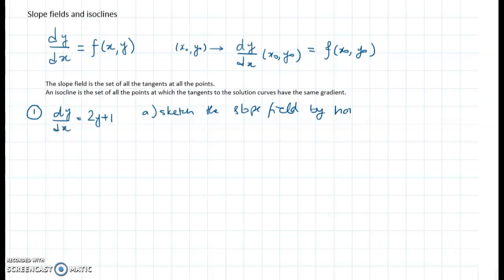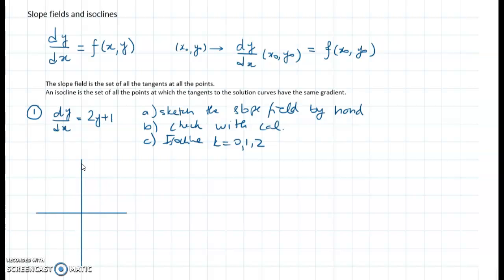Then we want to use the calculator to check it. And we want to include the isoclines for, let's say, k equals 0, 1, and 2. So let's see how this is going to look like.